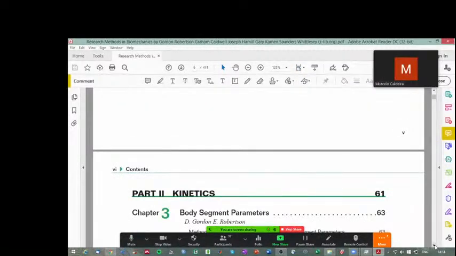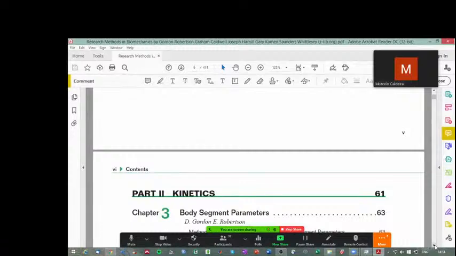So let's return to our notes. Kinematics is a branch of mechanics concerned with the description of motion.